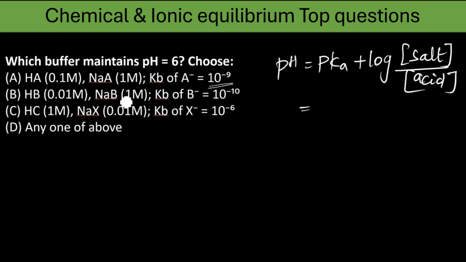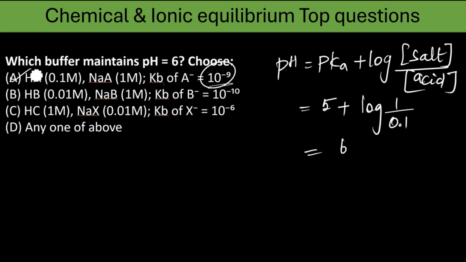So let's substitute the first one. I have Kb value as 10 to the power minus 9, so pKb will be 9, right? If pKb is 9, then pKa will be 5, right? So 5 plus log of salt, 1 molar, divided by acid, 0.1, which will give you the pH as 6.